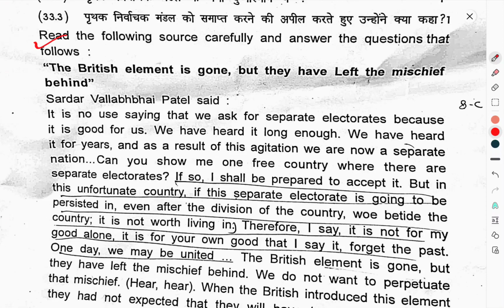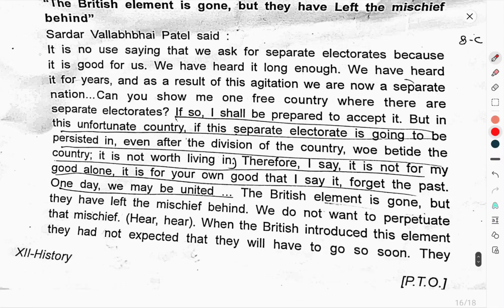The British element is gone, but they have left the mischief behind. Sardar Vallabhbhai Patel said: It is no use saying that we ask for separate electorates because it is good for us. We have heard it long enough. We have heard it for years, and as a result of this agitation we are now a separate nation. Can you show me one free country where there are separate electorates?